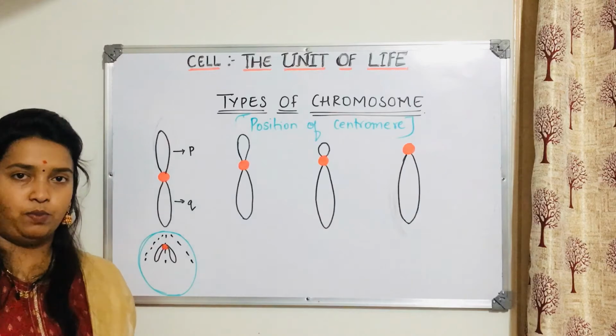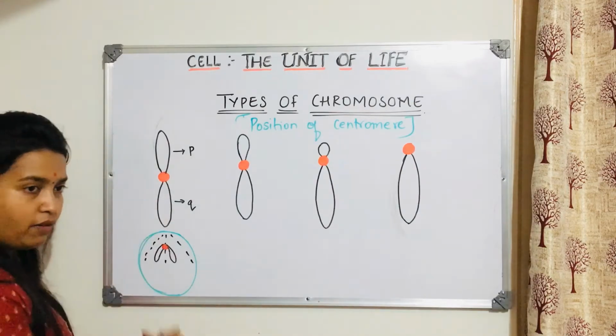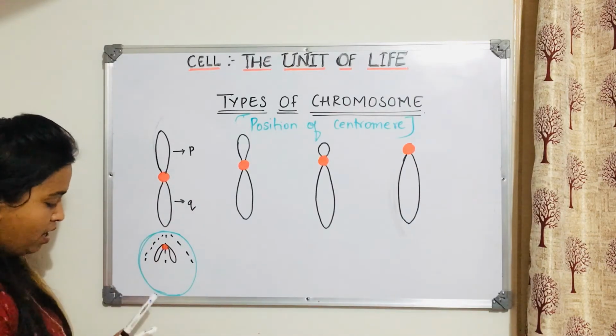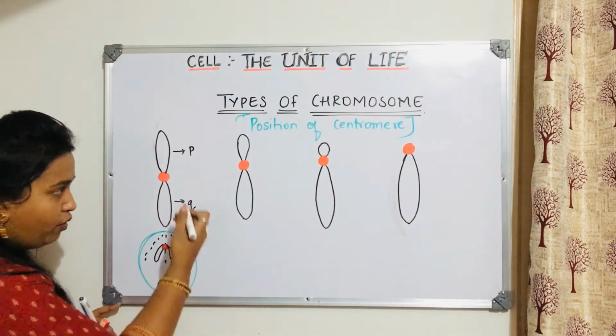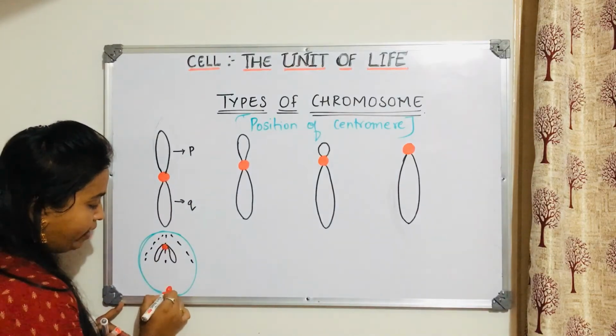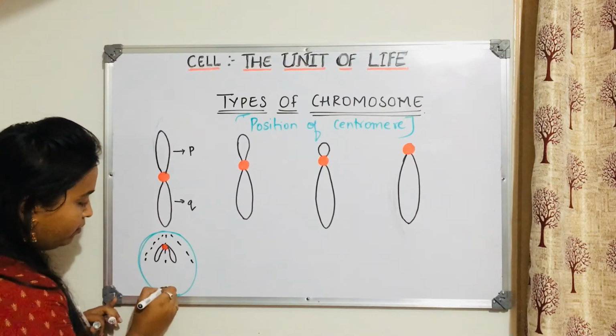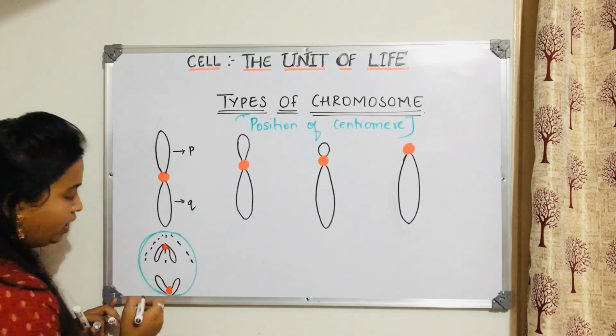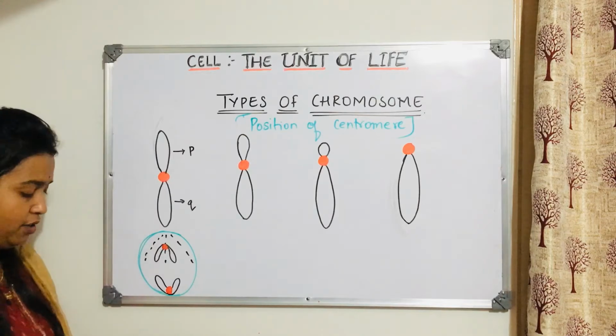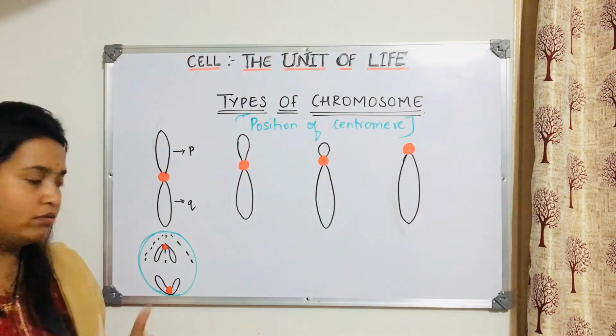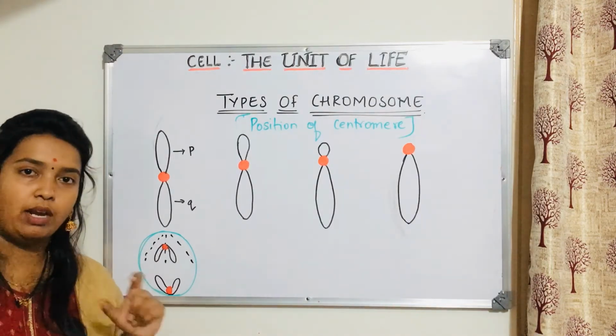Because like this it is pulled towards that side, the other one will be pulled like this. There is another chromatid along with this, so that chromatid will be moving this side. Right? After seeing this, which alphabet are you remembering?